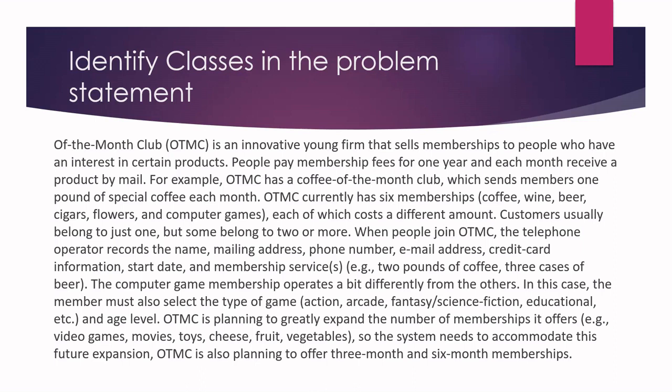A member, so the customer or the member. Anything else? Game. A game is a product, right? So product is a general class, and a game would be one of the objects there. An attribute of that game would be the type.